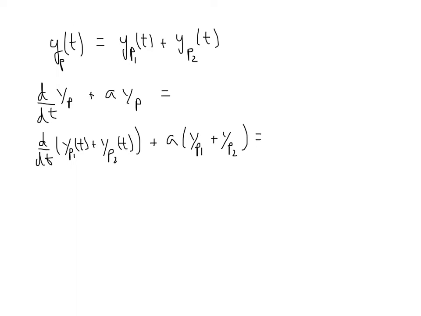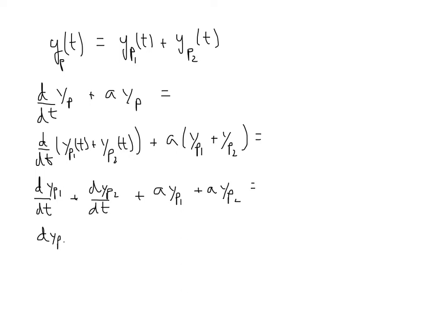The derivative of a sum is the sum of the derivatives, dy sub p1/dt plus dy sub p2/dt, plus a y p1 plus a y p2. And grouping them together, I have dy p1/dt plus a y p1, and dy p2/dt plus a y p2.